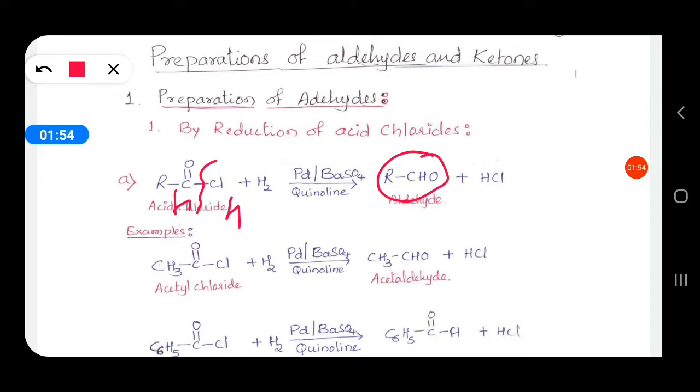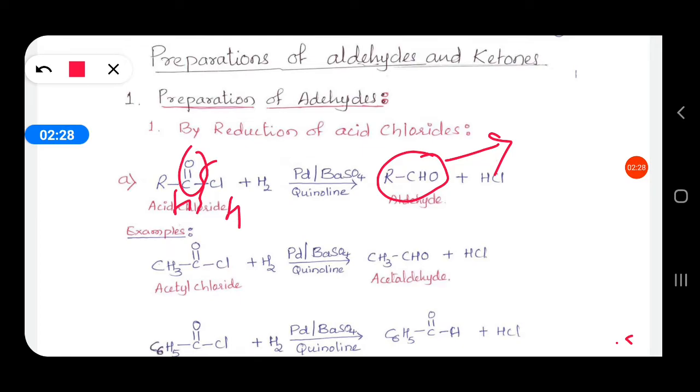But if palladium catalyst supported on barium sulfate is taken directly, then complete reduction takes place. The C double bond O undergoes reduction and it gives alcohols. This aldehyde further undergoes reduction and may result in the formation of alcohols.